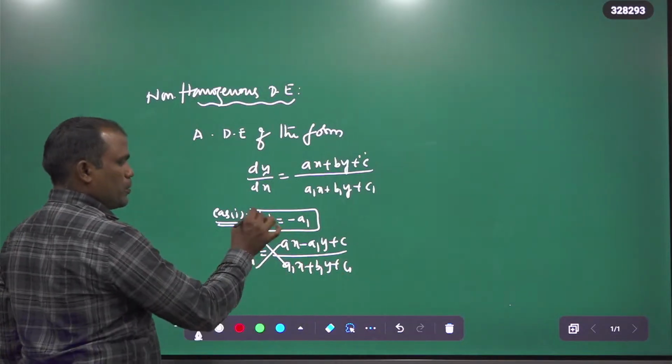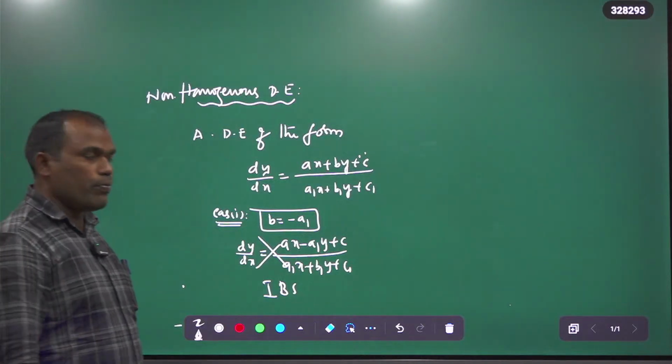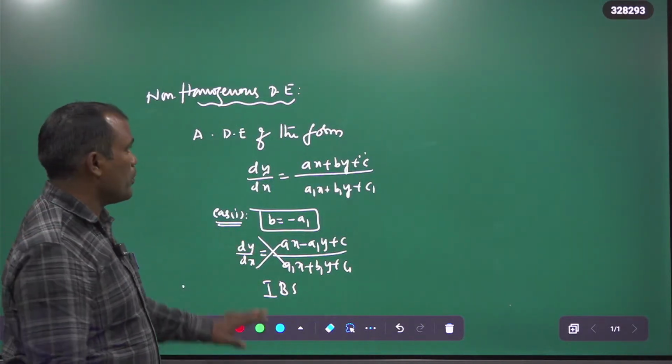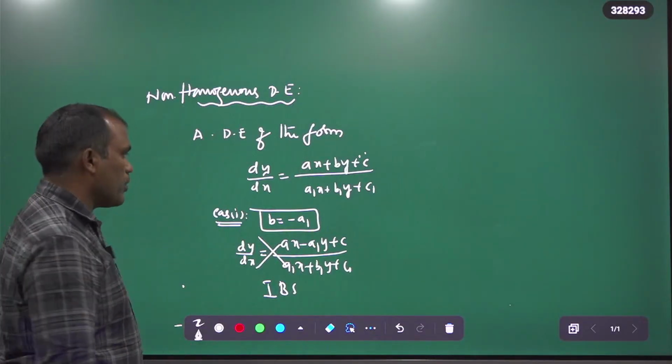Then you can do cross multiplication, then integrate on both sides. After simplification, we get the solution of this non-homogeneous differential equation.